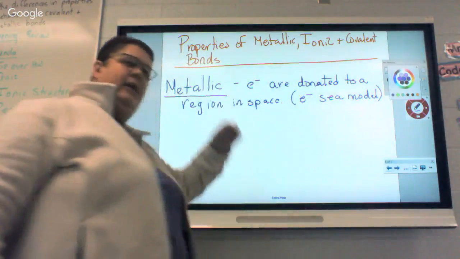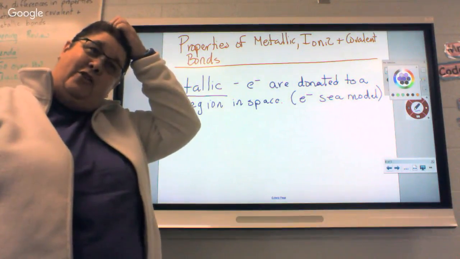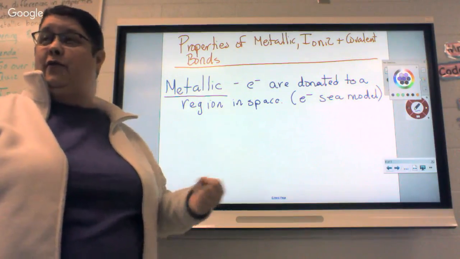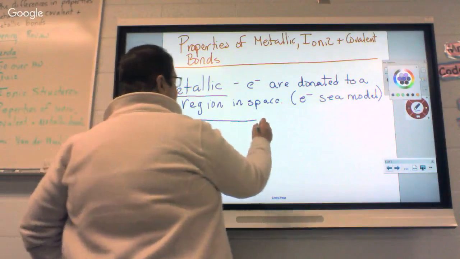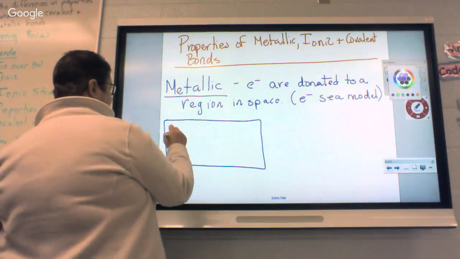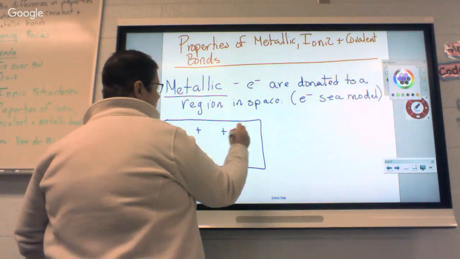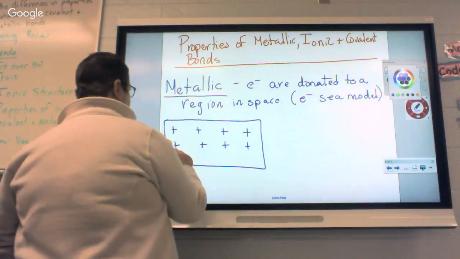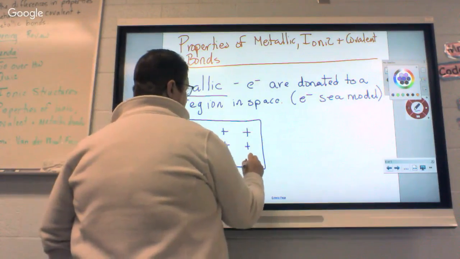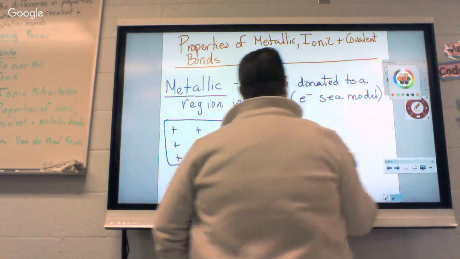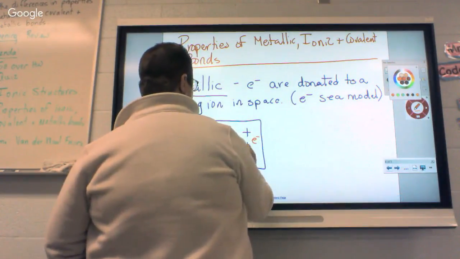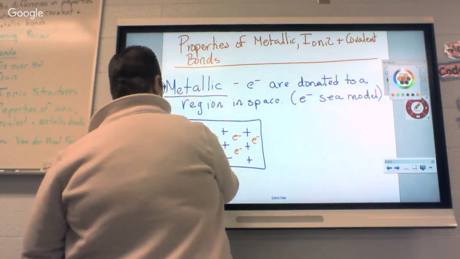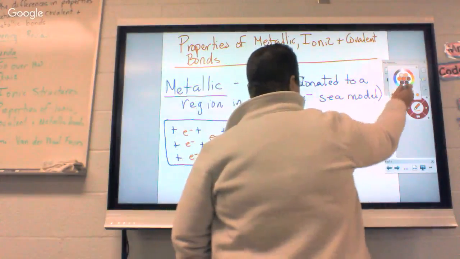Now, the reason we call it that is because the electrons are not attached to any one atom in the metal. They're freely moving. So, if I draw, I'm not an art maker, so you have to bear with me. If I draw a representation of a piece of the metal, okay, the positives are representing the nucleus, and the e's are going to represent the electrons. Okay?